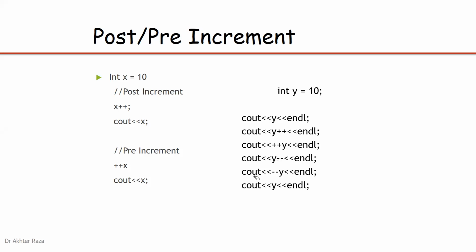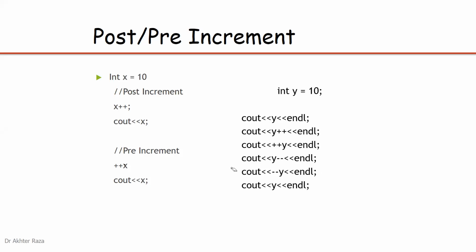After reducing the value, again we have a cout. In this cout, the value will be decreased by 1 firstly, then printed. So it will now again be 10. So 10 will be printed.